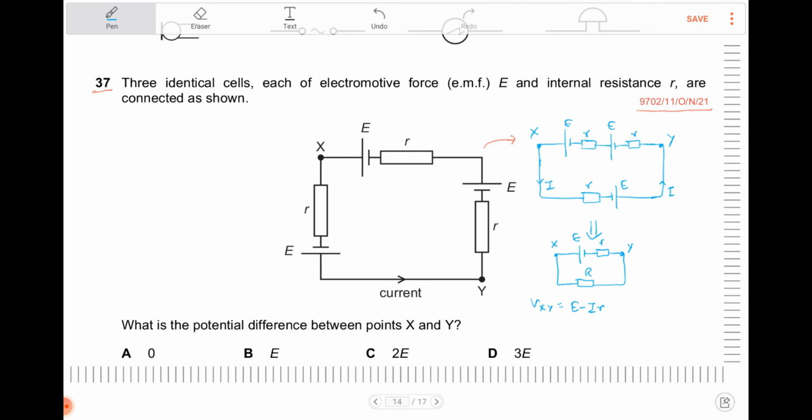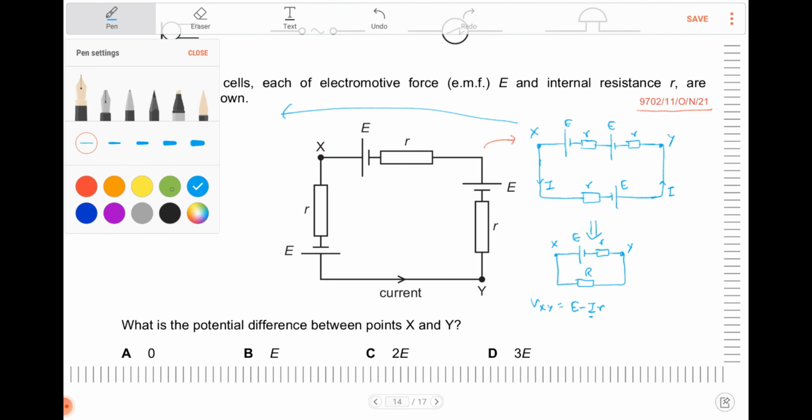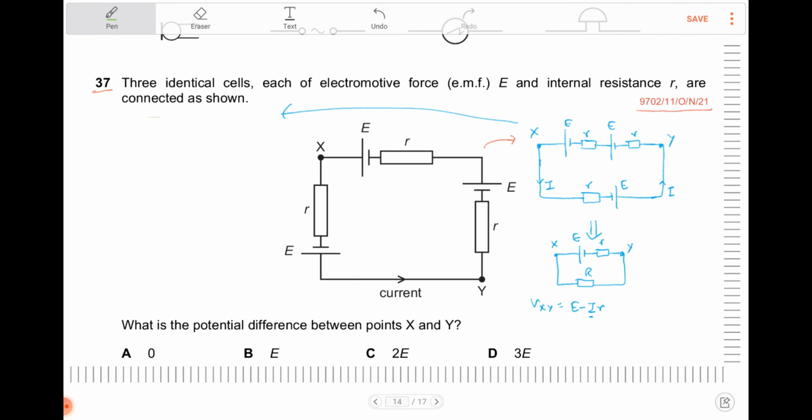If we apply the same logic here, first let us find this current I. The value of current I should be equal to the total EMF in the circuit divided by the total resistance. The positive here and a positive here mean the current is flowing in an anti-clockwise direction.